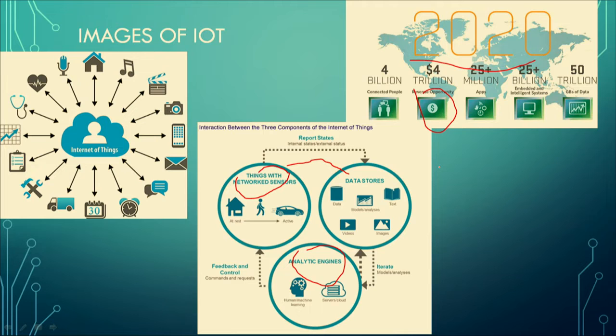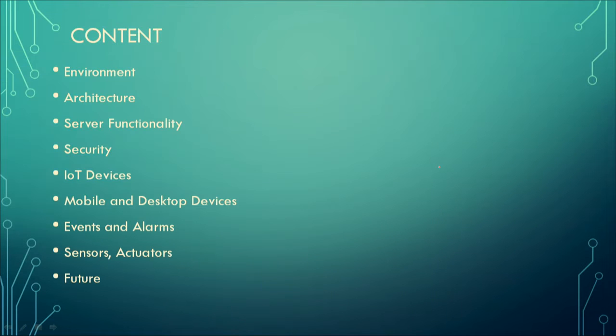In order to go ahead with this, I have implemented a server that manages those kinds of devices. We'll see the environment, the architecture, certain functionality, some security that is needed, what type of IoT devices could be used here, what kind of access from mobile and desktop devices could be used, what events, alarms, sensors, and actuators are, and what I think about the future of this.